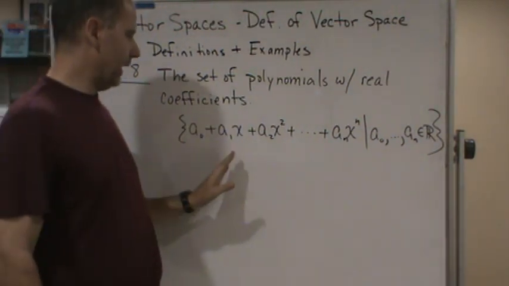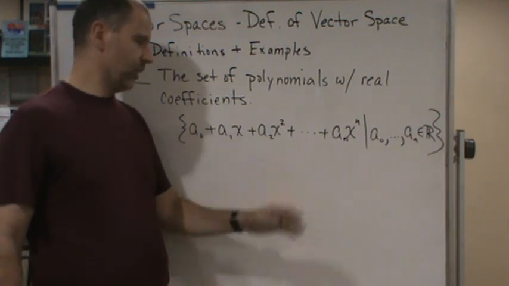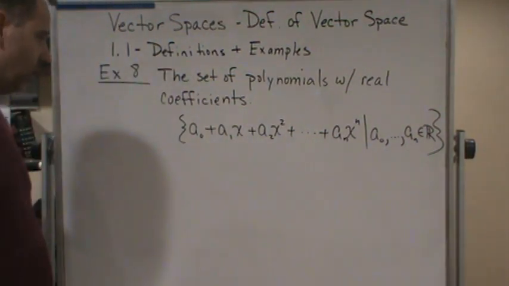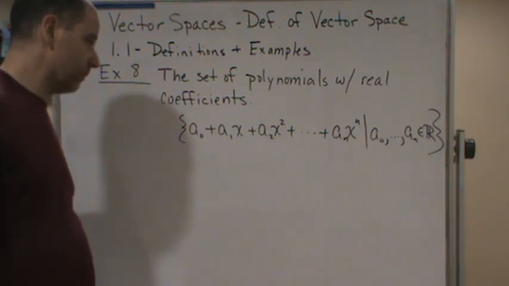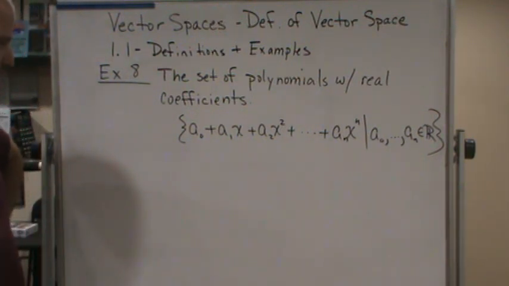Even though any particular polynomial in here has a finite degree, the set itself is without bound as far as the degrees go.